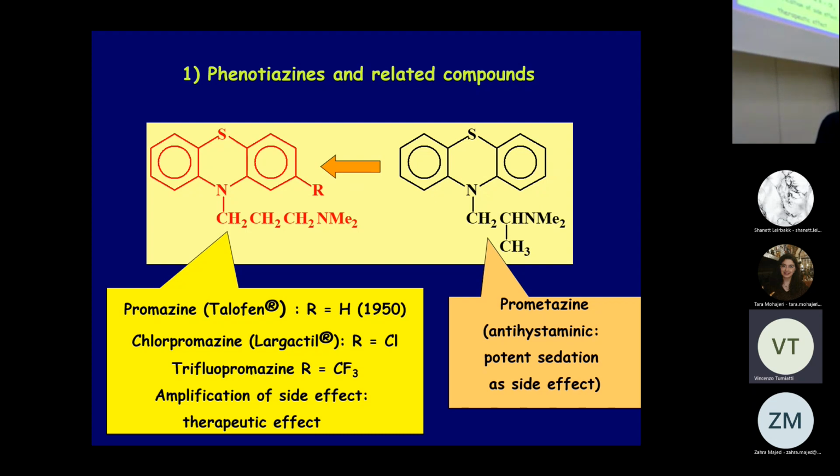And so a basic nitrogen atom is necessary, of course, but also a wide planar aromatic system. You see the 6-6-6 system. It's very common in this type of compounds.